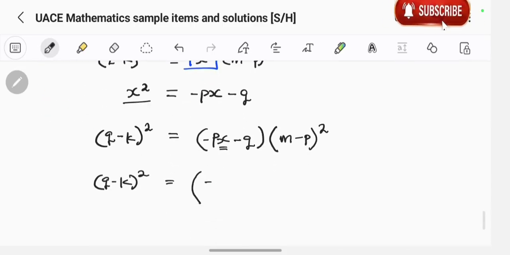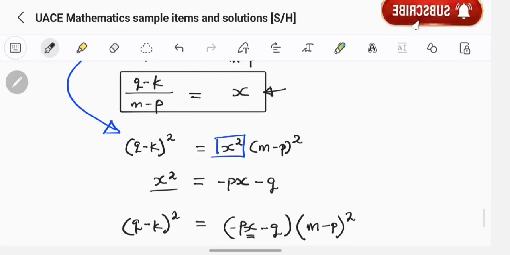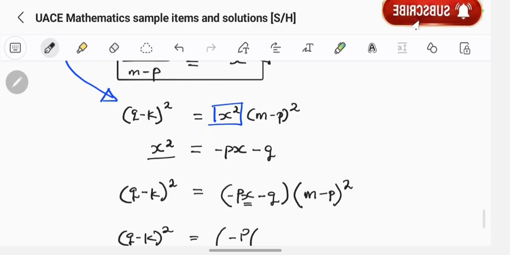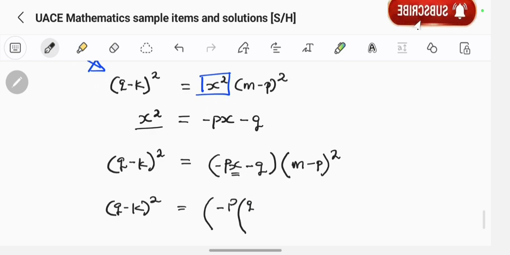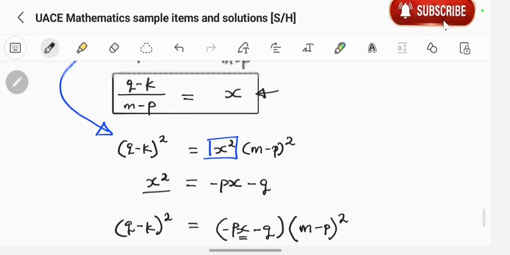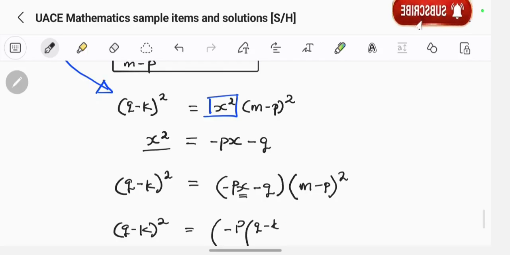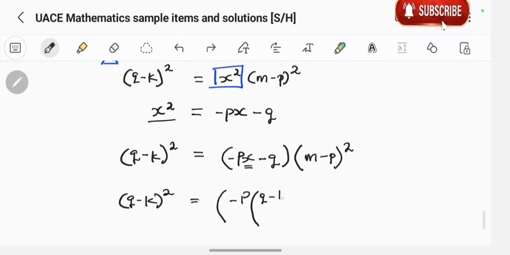So q minus k squared is equal to, what we do, we have x here. I'm going to get this x and fill it there. So it's going to be negative p, and our x is going to be q minus k divided by m minus p.